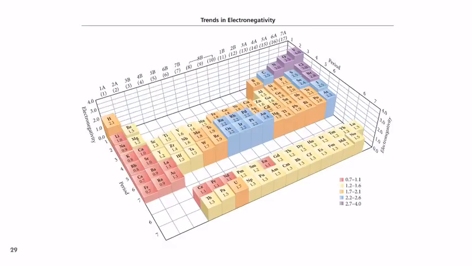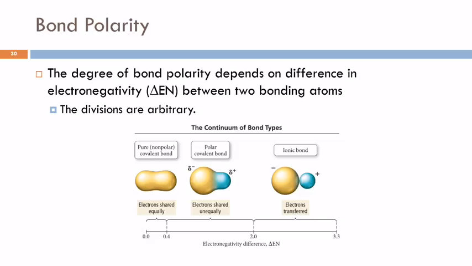So it's good to know how to do that, but most of the time, we just need more of a ballpark idea. Is this polar or not? And so what I want you to be able to do for an exam is just to be able to look at the periodic table and say, these are polar bonds or not polar bonds. I should write this somewhere. So this is the sketchier rule of thumb.